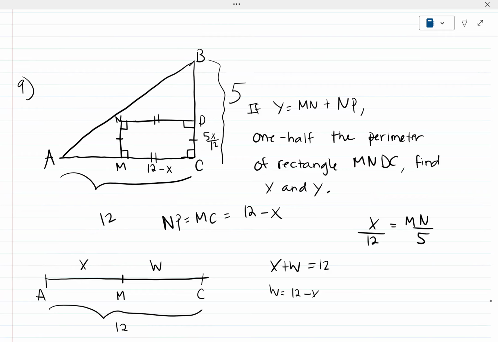Well, it's this rectangle, and as you can see, you have one tick mark here. So that means this is congruent with this. So NM is also 5X over 12, right? So this is going to be X times 12 equals MN times 5.